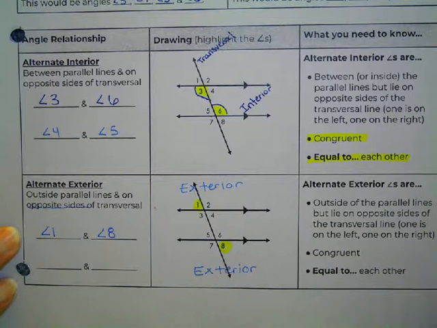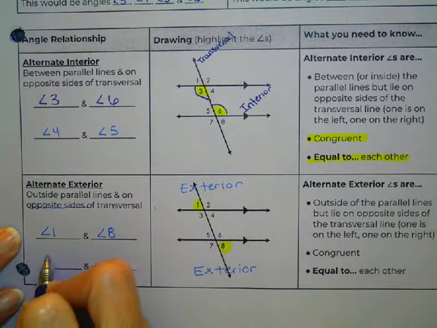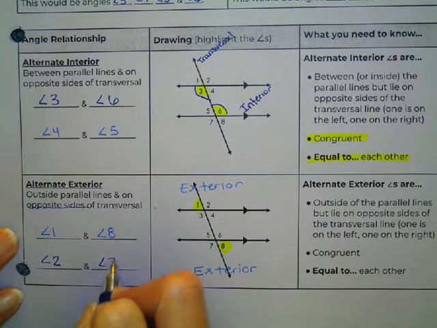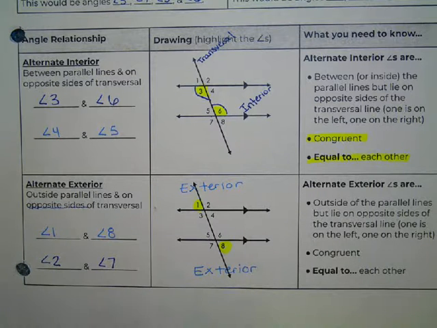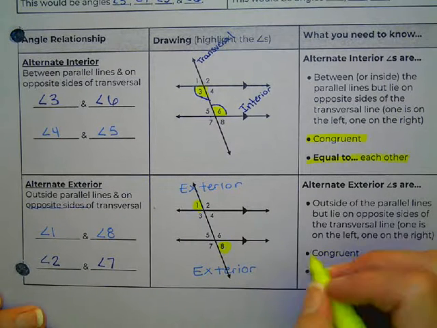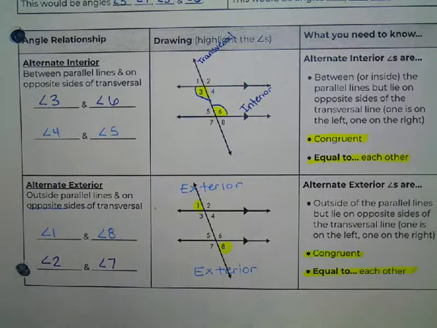Another example could be angle 2 and angle 7. These also should look the same size. They are congruent, which means they are equal to each other. Alternate means opposite sides, interior means inside, exterior means outside the two lines.